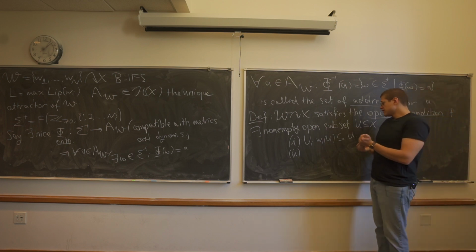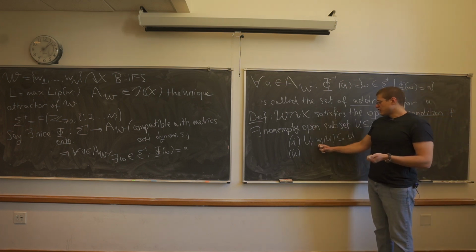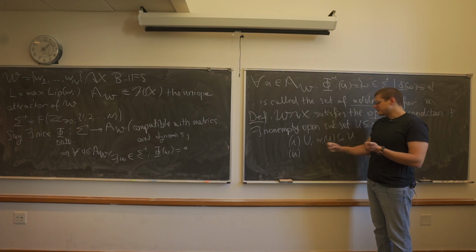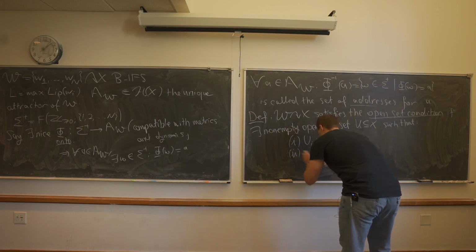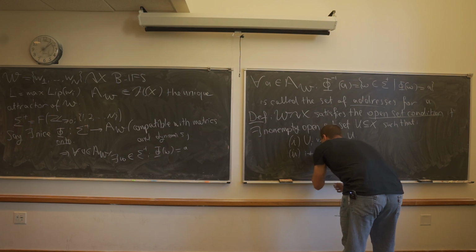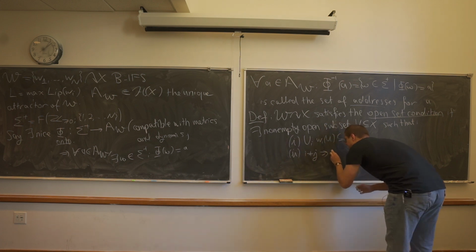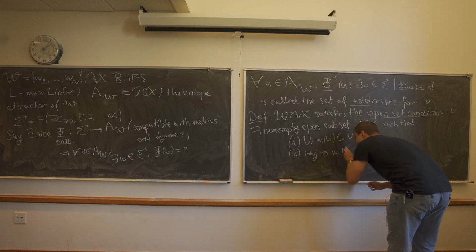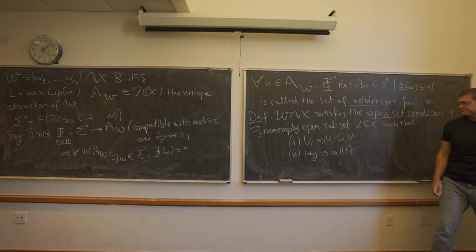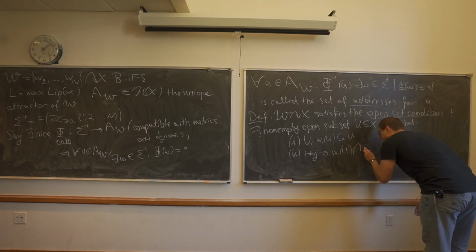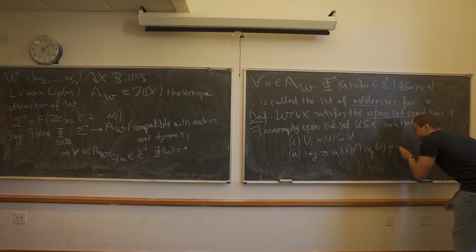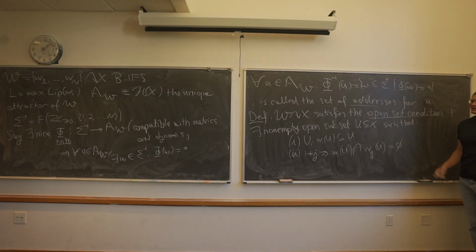That's the first condition. The second condition is that the intersection of any two images like this is empty. So if i is not the same as j, then the ith image is disjoint from the jth image. So in a sense, this is a separation condition.